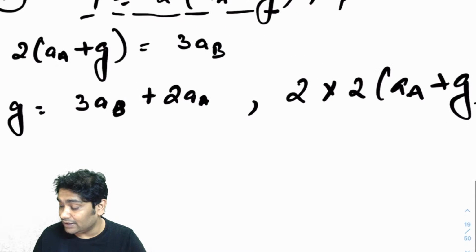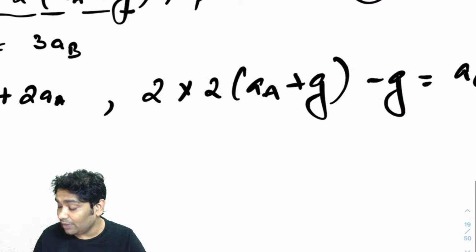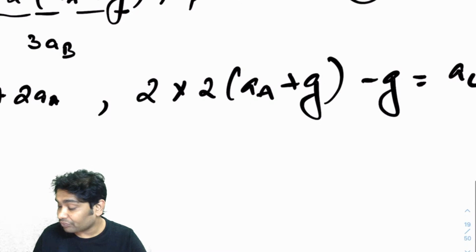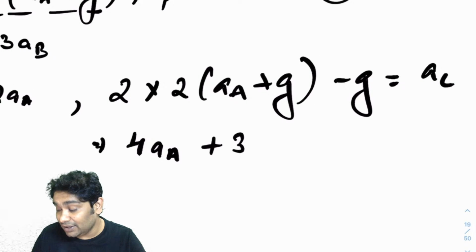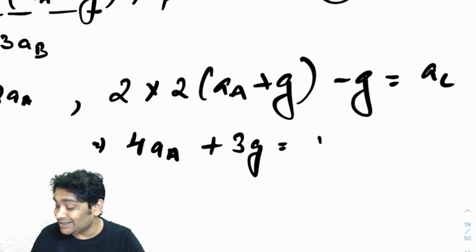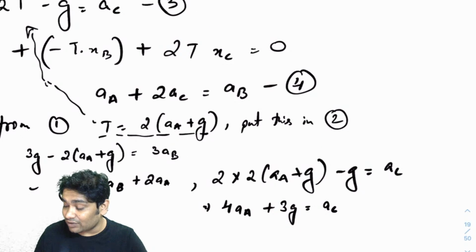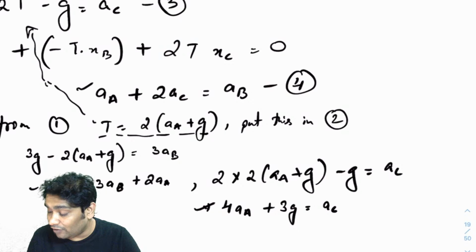Alright, so let's see. I am getting 4A_A plus 3g equals A_C. Alright. So I've gotten this equation.